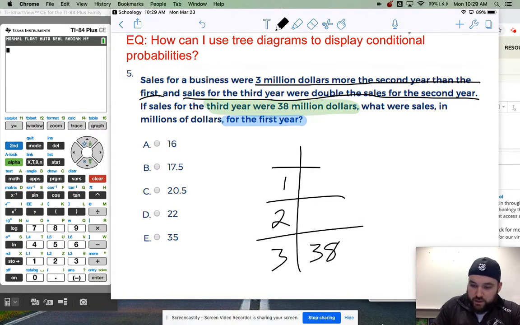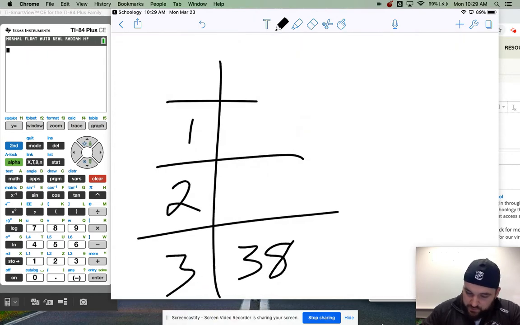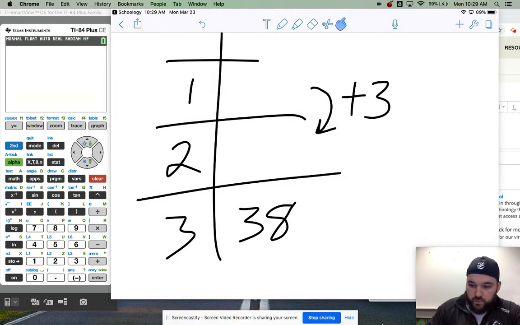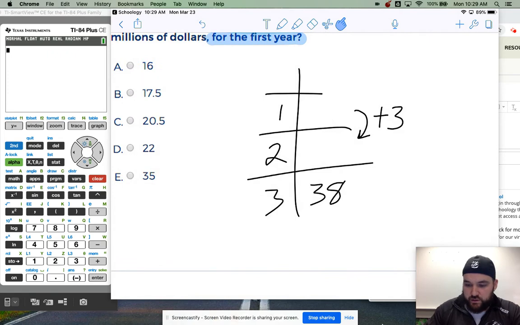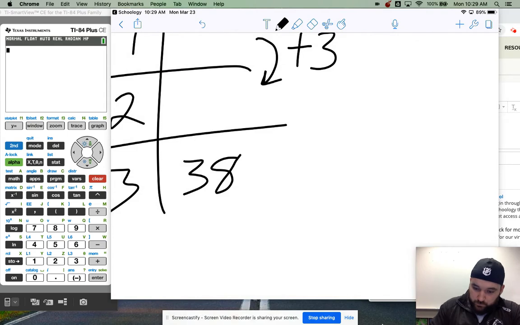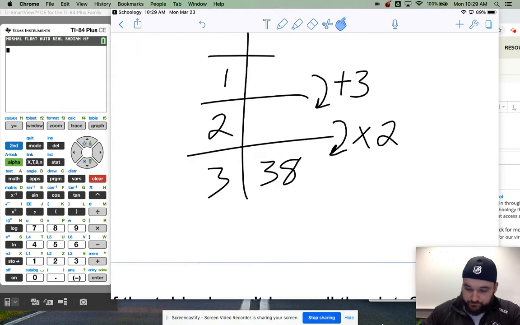That first underlined statement says $3 million more the second year than the first, which means the transition from year one to year two is plus three. $3 million more in year two than year one. And the second underlined statement says sales for the third year were double sales for the second year. So to go from year two to year three, sales doubled.